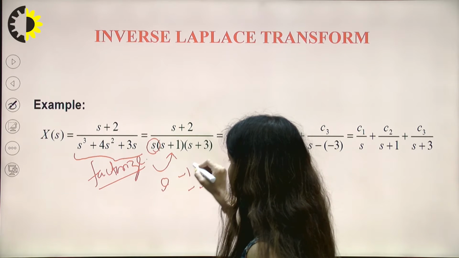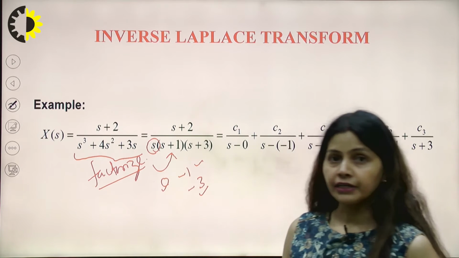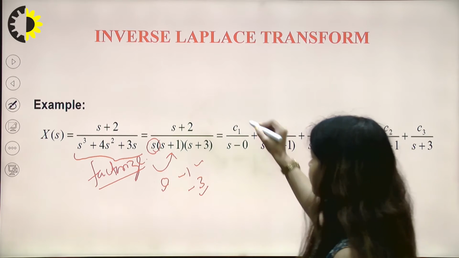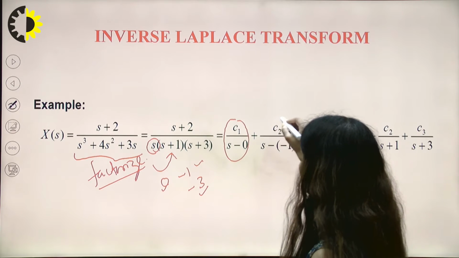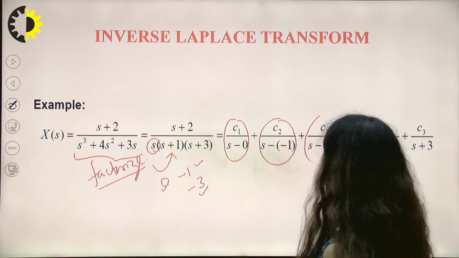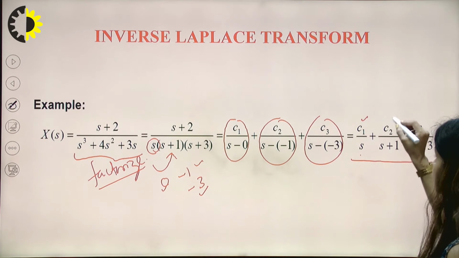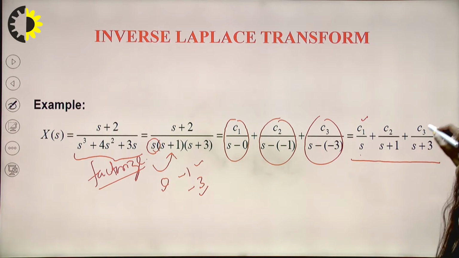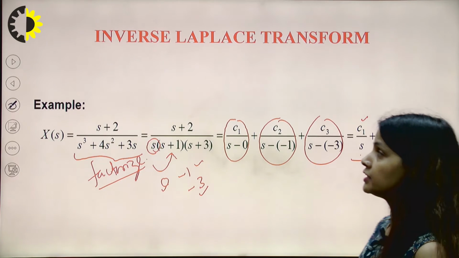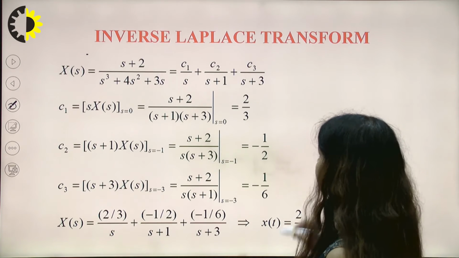All these three poles are different. When the poles are different, we can apply the formula this way: C1 upon s plus C2 upon (s plus 1) plus C3 upon (s plus 3), and hence we can get the partial fraction expansion.